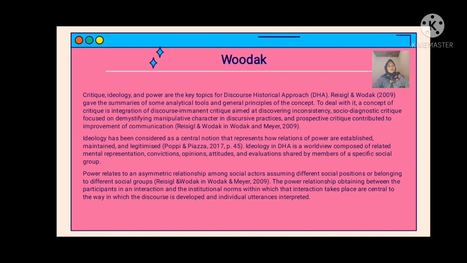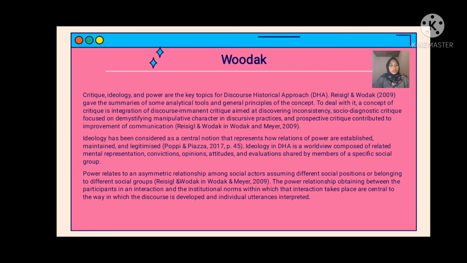So here, in the framework, critique, ideology, and power are the key topics for this discourse historical approach, or DHA.